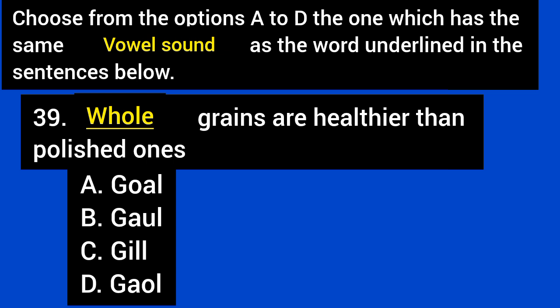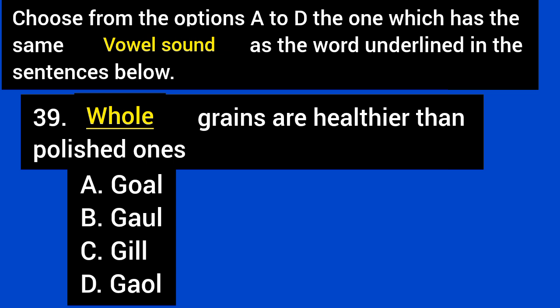Okay. Now we are looking for the vowel sound, and the underlined word here is whole. So we are looking for the sound O, because O is the vowel sound here.